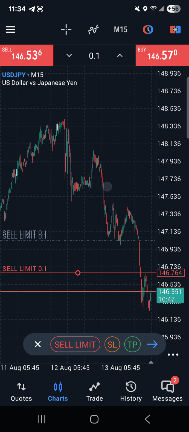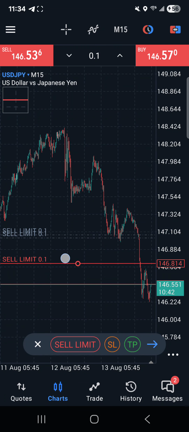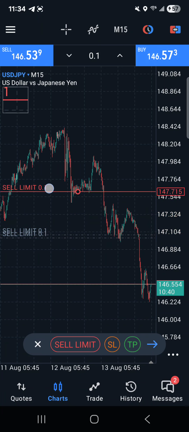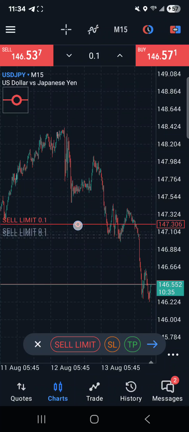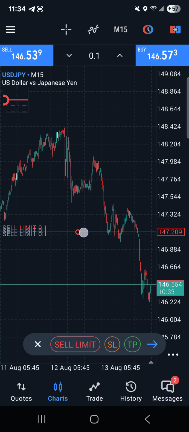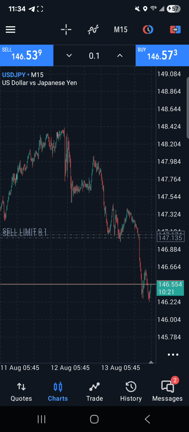So up to 15 minutes, we don't have any indication that price will be coming bullish into filling this daily time frame fair value gap or this order block and gap around this area, which will be like a break and retest for us to have an entry to go bearish. But I'll be waiting for it and I'll be monitoring. I've set sell limits around here, so I'll see what will happen on this pair.